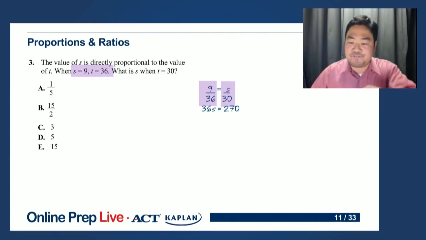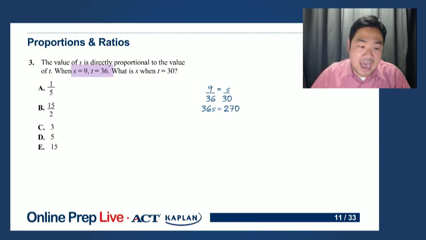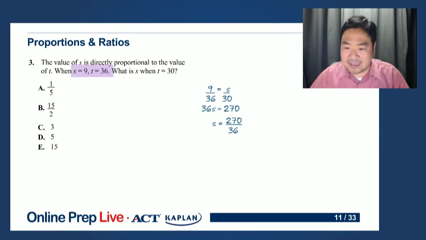And then from here, to figure out what S is, we're going to divide by 36. 270 divided by 36. I'm seeing a lot of answers here. 270 divided by 36 is equal to 15 over 2, which is answer choice B. B is your correct answer here.